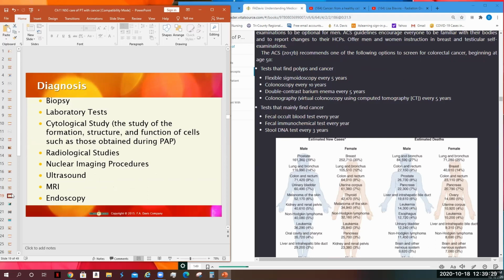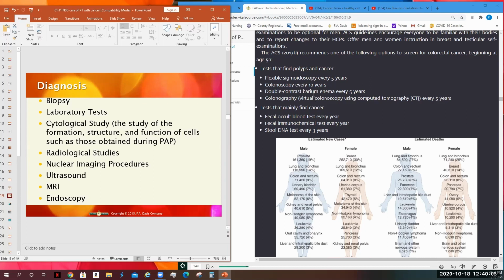Then there's the colonoscopy every 10 years, which I believe would be basically snaking a camera through the entire colon, large intestine. And then they're recommending a double contrast barium enema every 5 years and a colonography, which is a virtual colonoscopy using CT every 5 years.